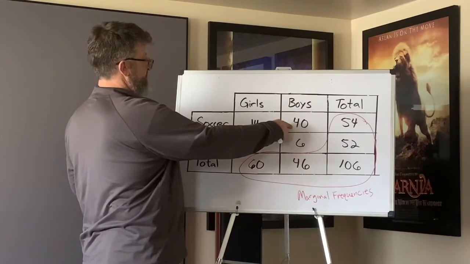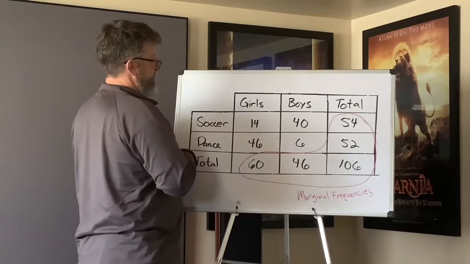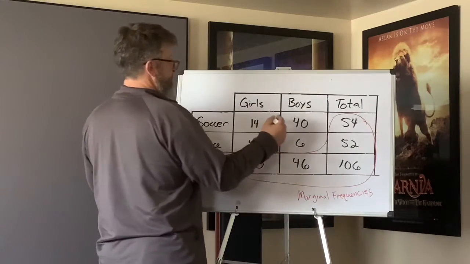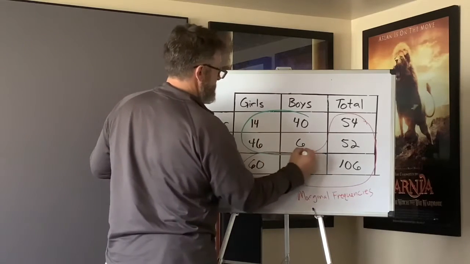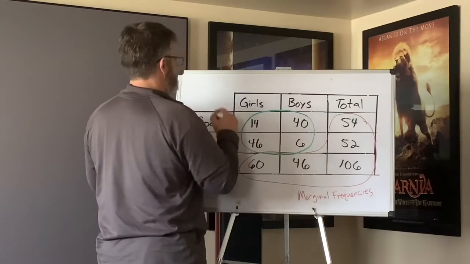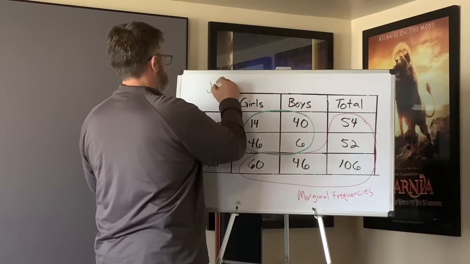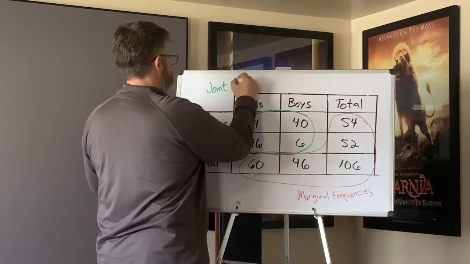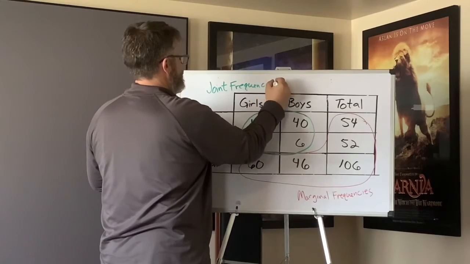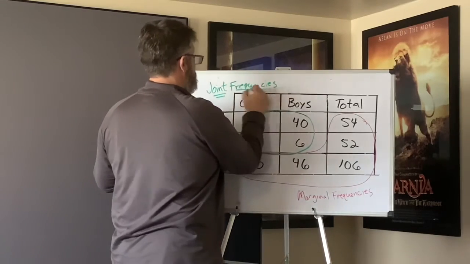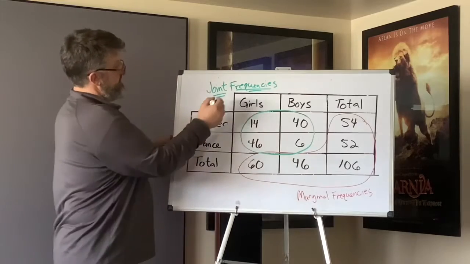This data point represents all the boys that wanted to play soccer, right? So there's two things that are happening together here. So these are called joint frequencies. So that's those guys right there, okay?